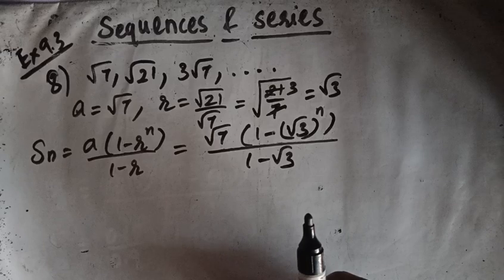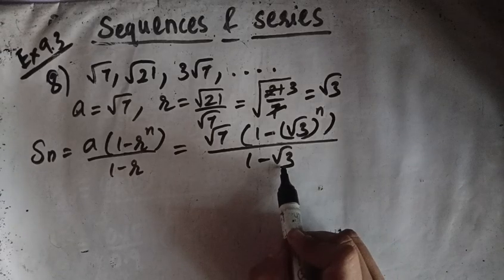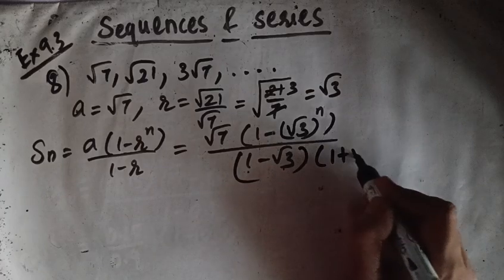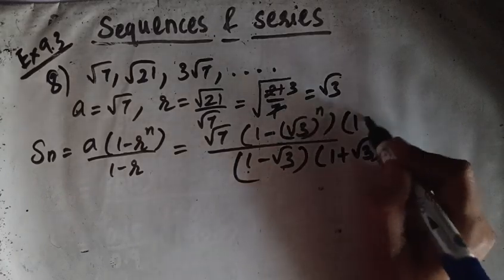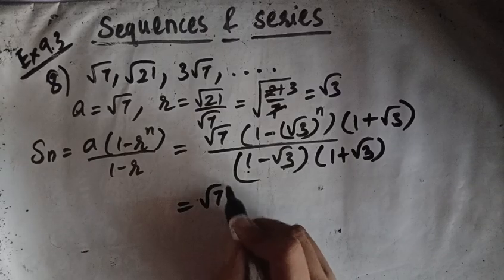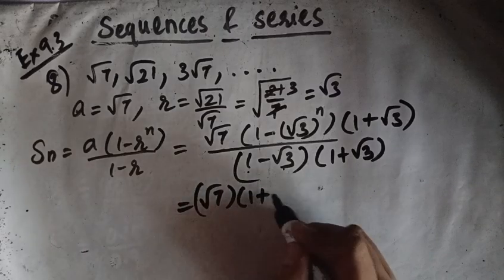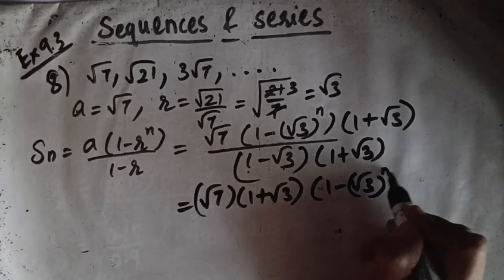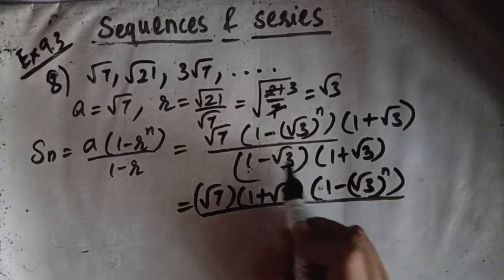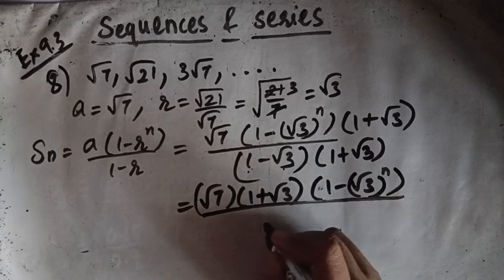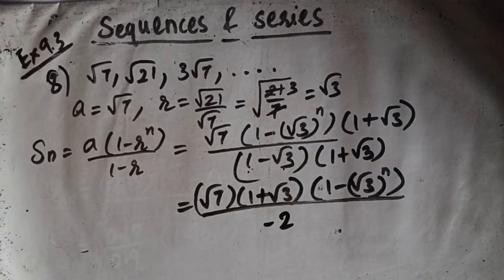We can rationalize this denominator by multiplying by 1 plus root 3 in both denominator and numerator. So this is root 7 into root 3 into 1 minus root 3 raised to n, and the denominator is 1 minus root 3 square, which is 3. 1 minus 3 is minus 2. Okay.